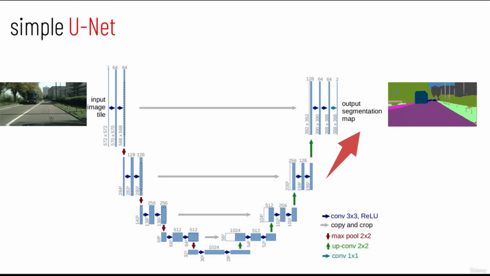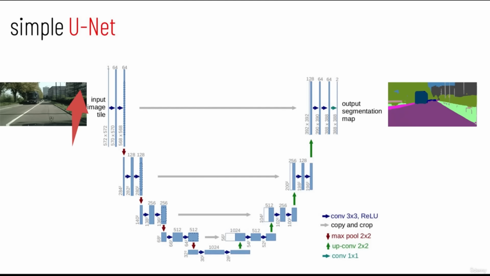As you can see here, we classified each pixel in our original image to a specific class. These pixels here represent the road, and these pixels here represent these trees, and these pixels represent these buildings, etc.